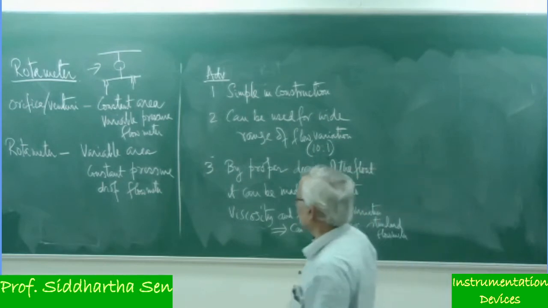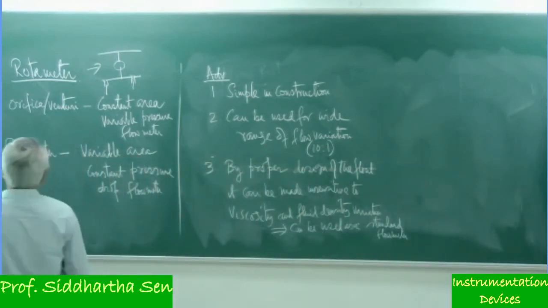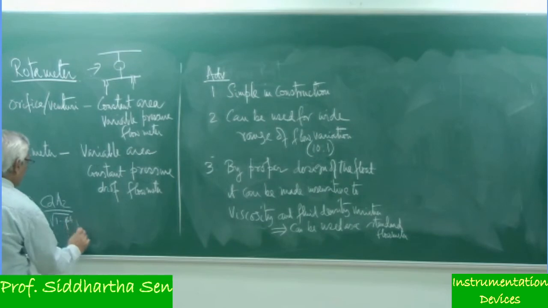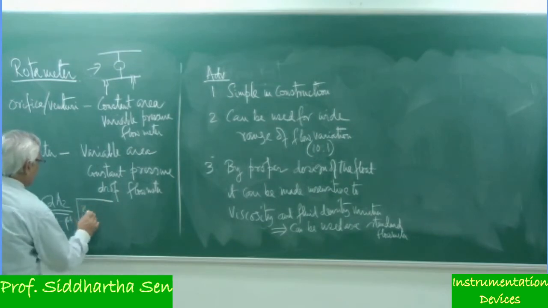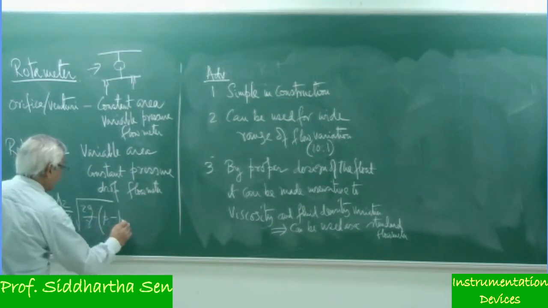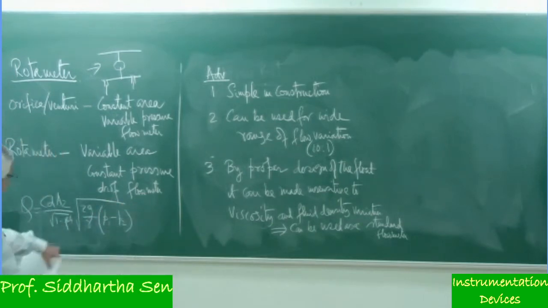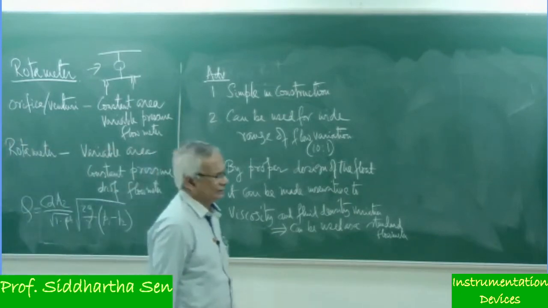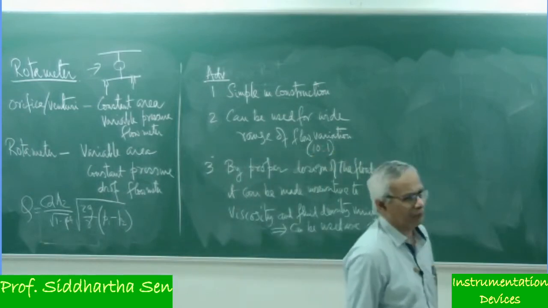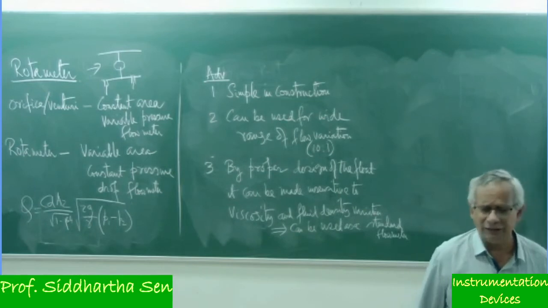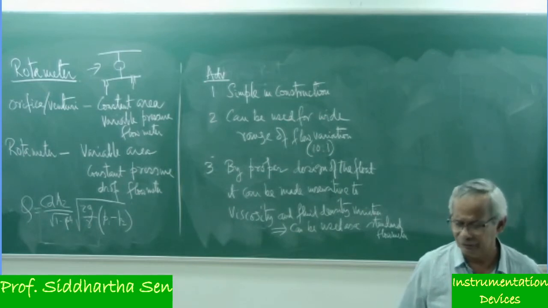You must have noticed that it was Q is equal to CD into A2 divided by root over 1 minus beta to the power 4 divided by 2g by gamma into P1 minus P2. So, if the gamma changes, the flow rate reading will change, as well as we have assumed that the Reynolds number is high, so it is a perfectly turbulent flow.